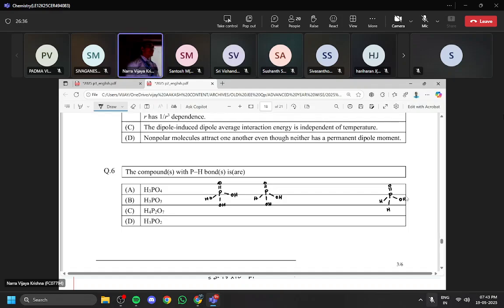H3PO2, correct or not? This is called hypophosphorus acid, or we also call it phosphinic acid. This is called phosphorus acid. This is called orthophosphoric acid.